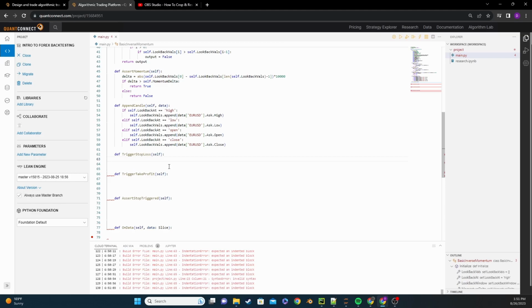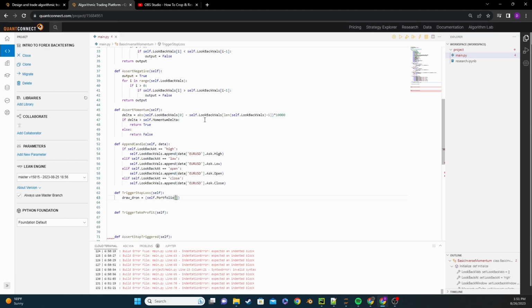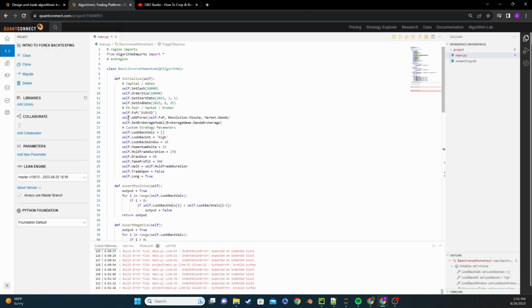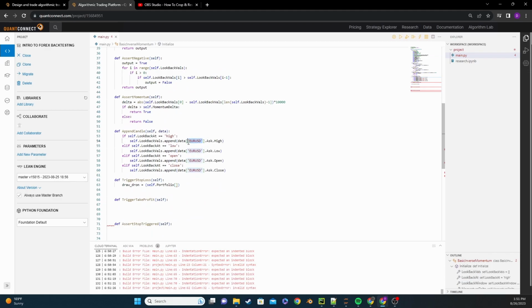So now, kind of like when we did the delta, we have to calculate what is our current drawdown. And this is where we then interact with QuantConnect's class itself. So we're going to look at our portfolio. And actually, whenever I did euro US dollar, I should have just been using myself.fxp. So we're going to replace these.